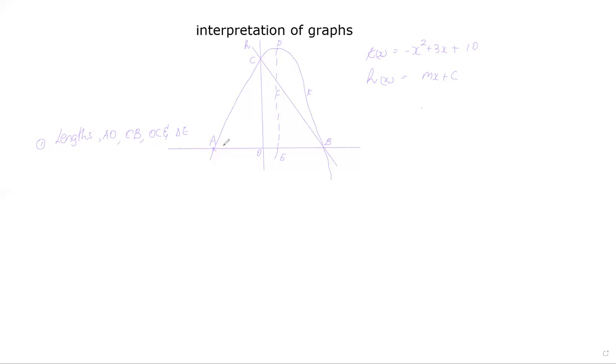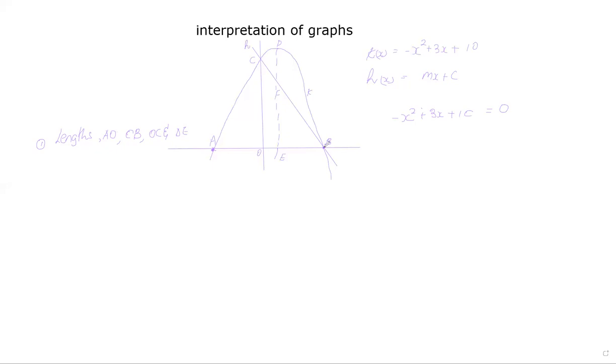Now, AO is the x-intercept. OB is also the x-intercept. So we need to factorize the quadratic there. We have negative x squared plus 3x plus 10 is equal to 0.